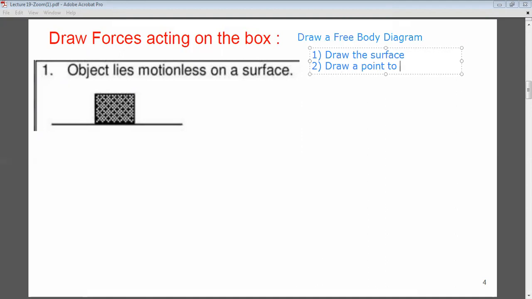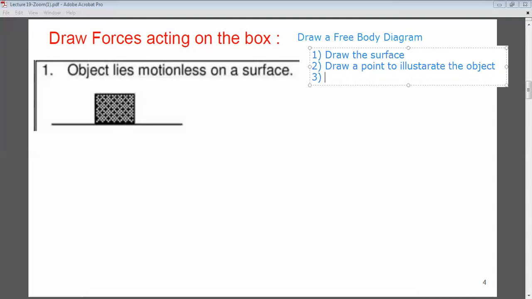Draw a point to illustrate the object. So instead of drawing the box and putting forces on it, we will put a point and put the forces on it.